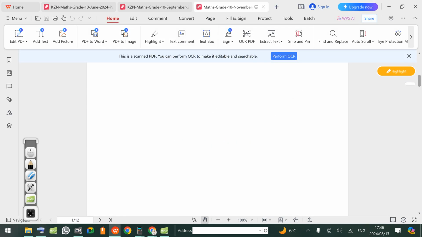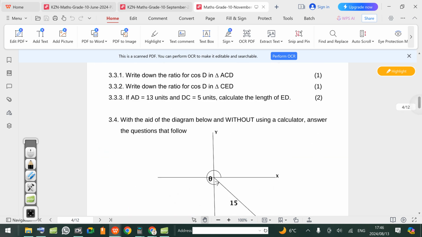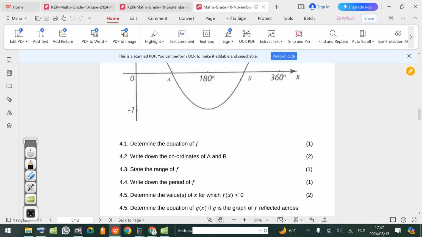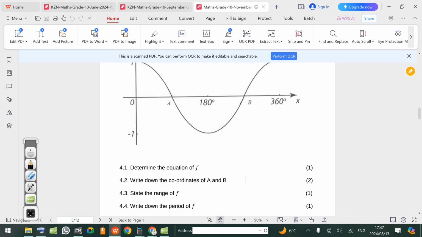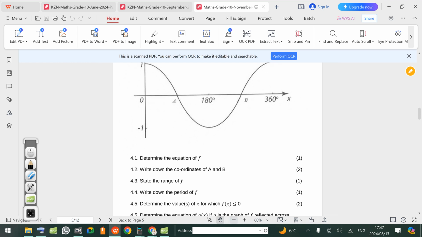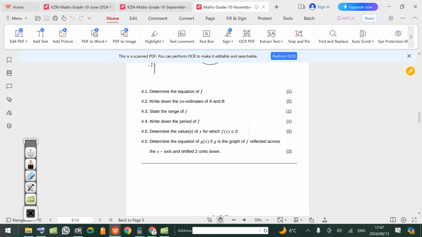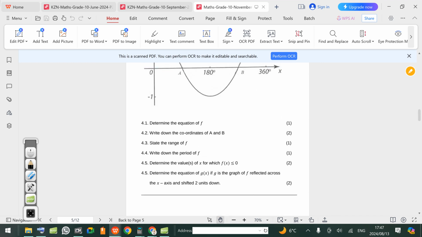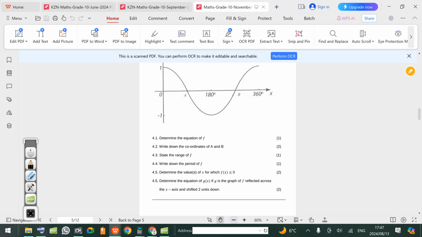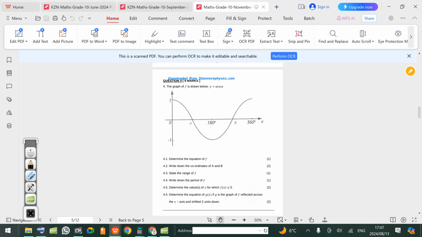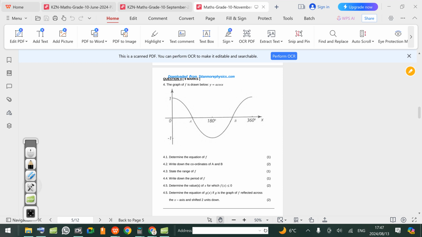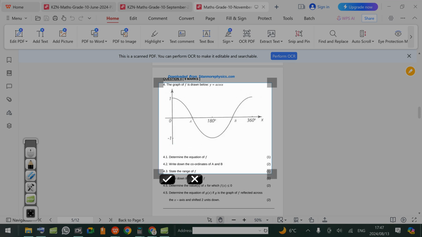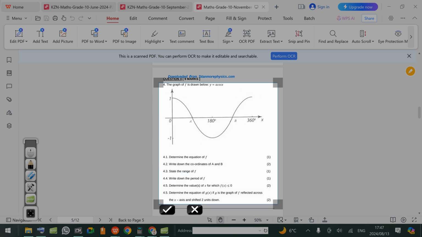All right? It's 9 marks. It's not always a lot of marks, so it's something I'm hoping that you guys would get.